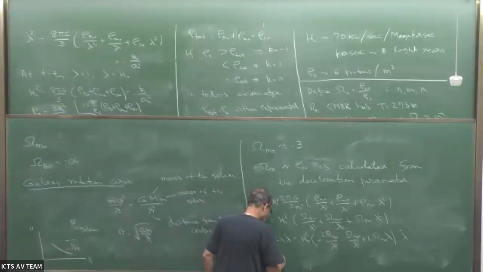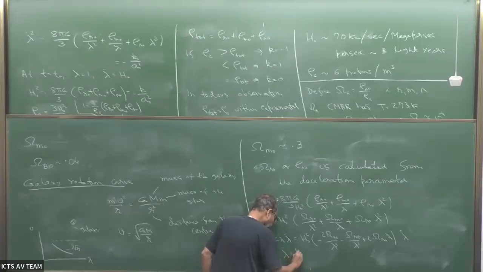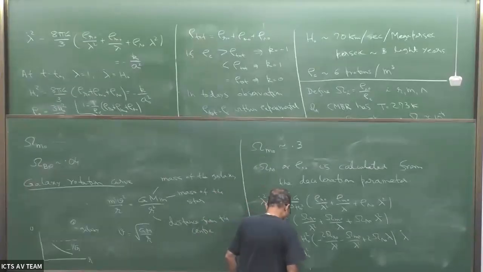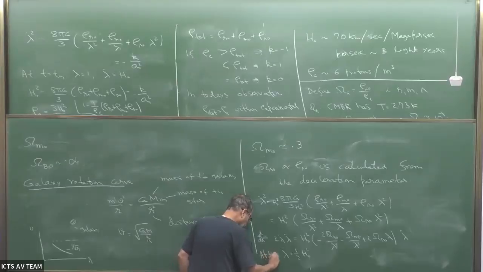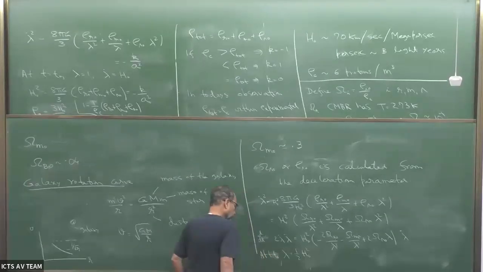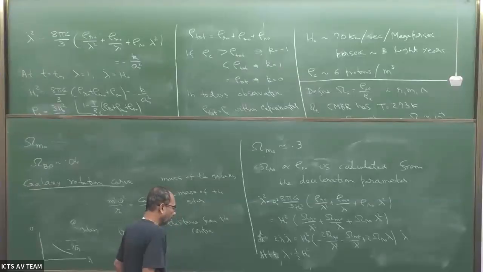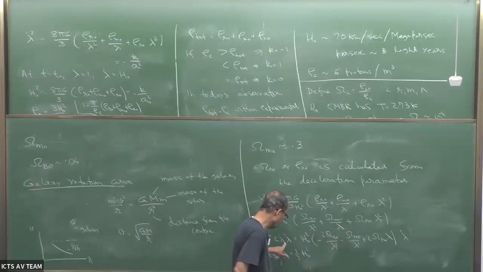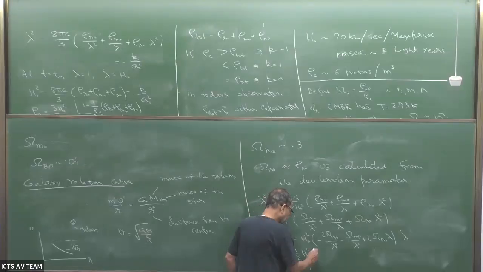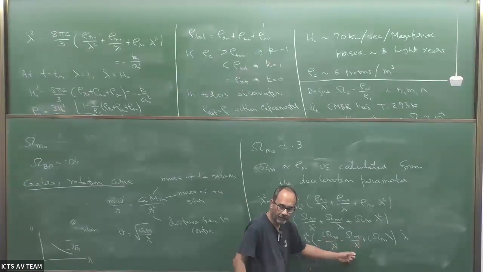So lambda double dot is half h naught square times, okay, so this today at t equal to t naught. Lambda double dot is, so this lambda dot and that cancels, half h naught square times today lambda is 1, right? So I can set all of this to 1.